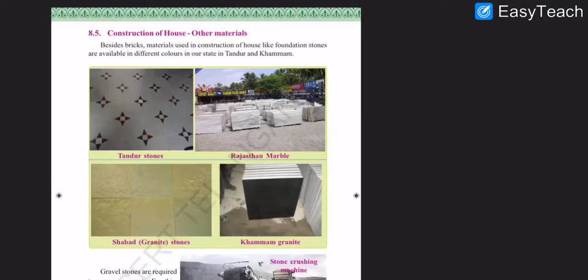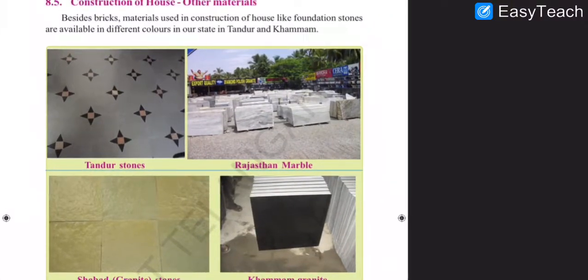In page number 97, you can see the next side heading, construction of house, other materials. Besides bricks, materials used in construction of house like foundation stones are available in different colors in our state in Tandoor and Khammam.